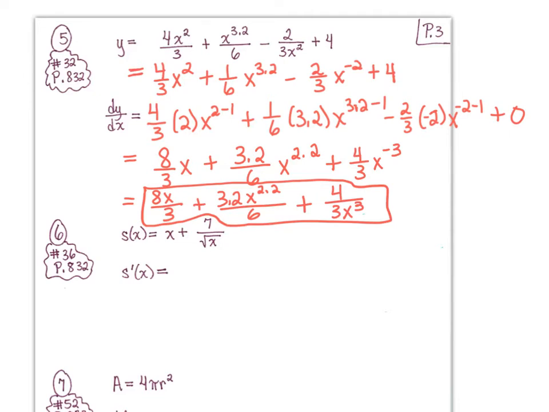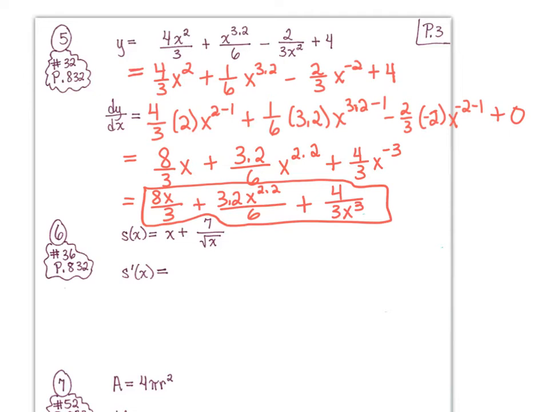Okay? Example 6: s of x equals x plus 7 over the square root of x. Before we do this, were there any more questions about example 5? Okay, example 6, s of x equals x plus 7 over the square root of x.